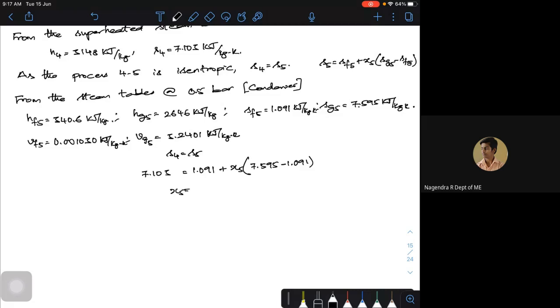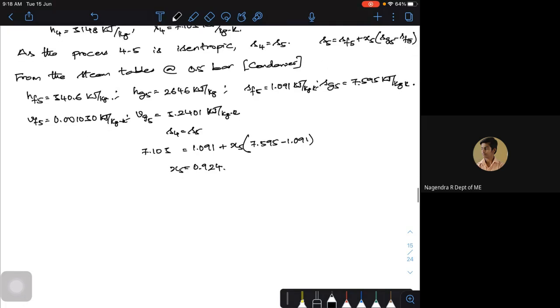How much is it? 0.924. Now the dryness fraction at 0.5 bar is 0.924. Now I need to find the enthalpy. So H5 is equal to HF5 plus X5 into HG5 minus HF5.